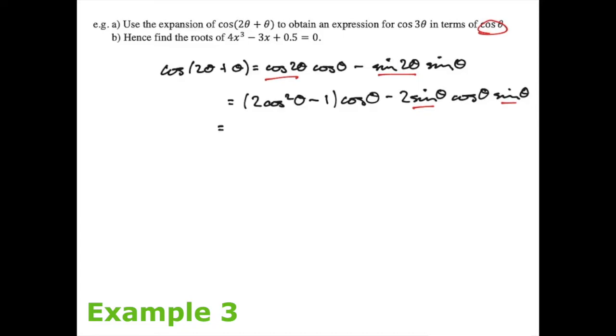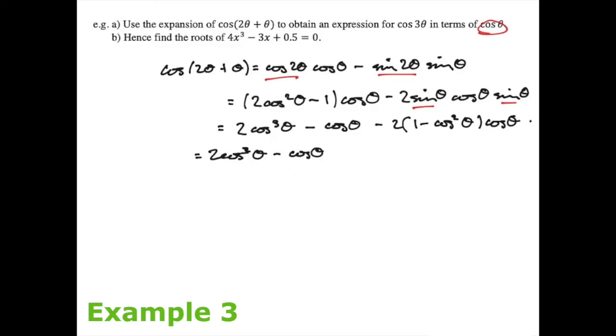So let's expand and group our like terms. We're going to end up with 2 cos cubed theta minus cos theta minus 2 times 1 minus cos squared theta, that's my sine squared theta, and then cos theta. So it is 2 cos cubed theta minus cos theta.